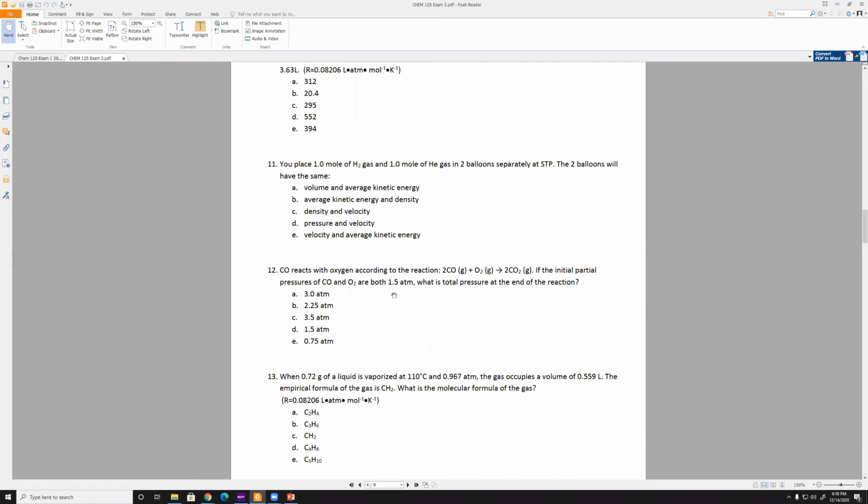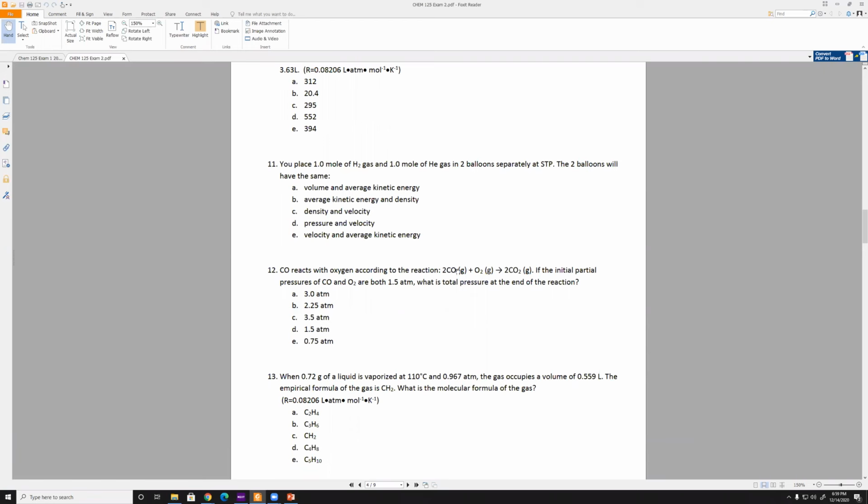R is a constant. The volume, since it's in the same vessel, is a constant. You cancel all of those things out. You have a relationship between P and n. The pressure is proportional to the moles. We can deduce that information from PV equals nRT and take that into this question.